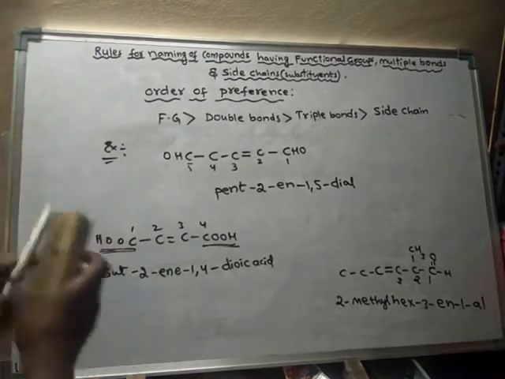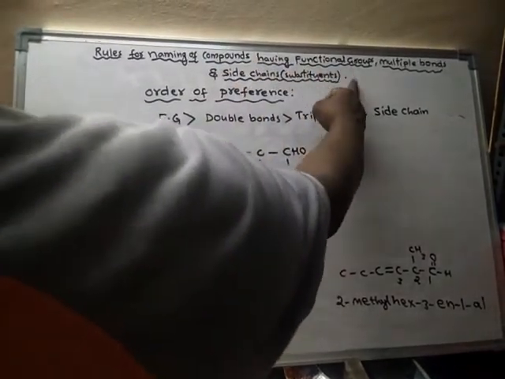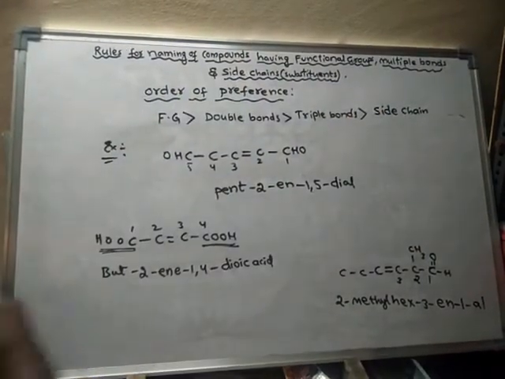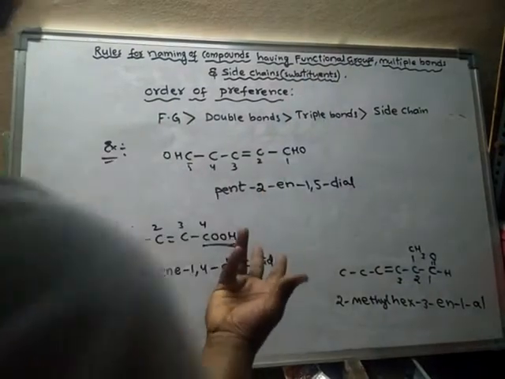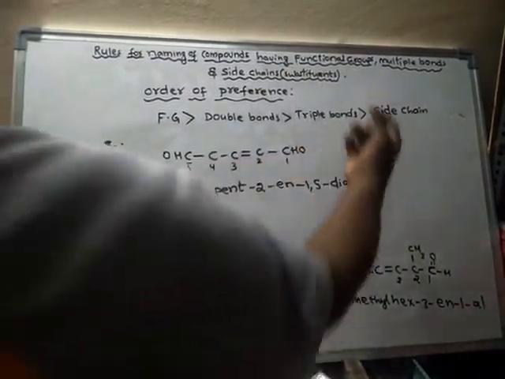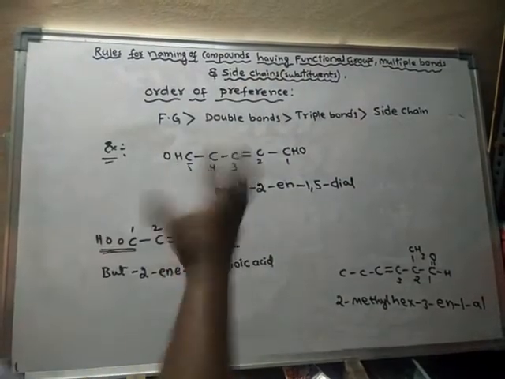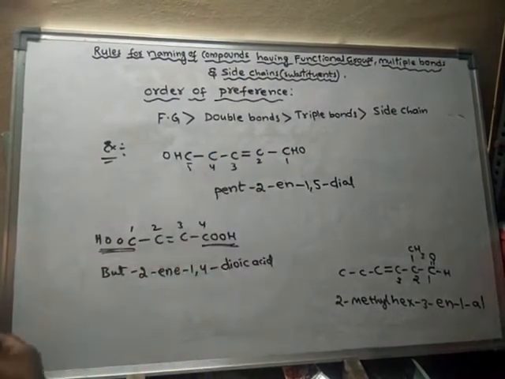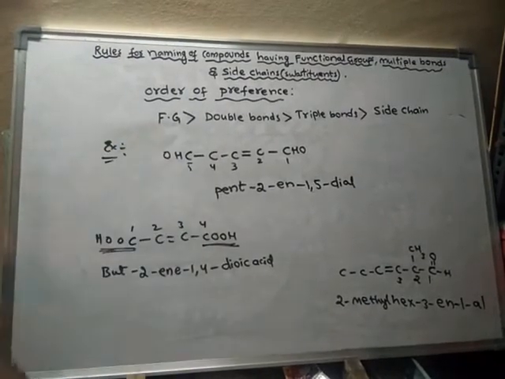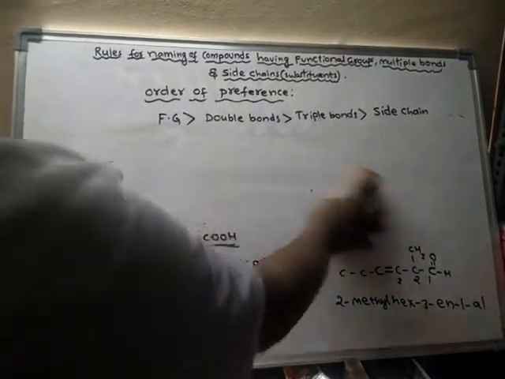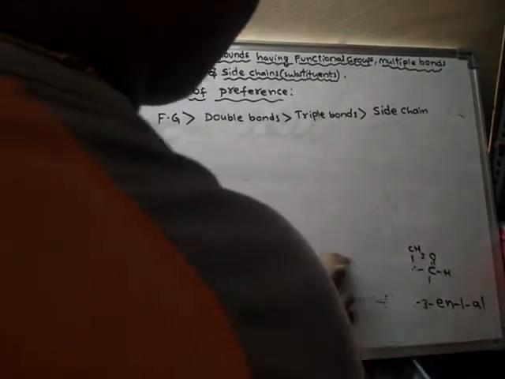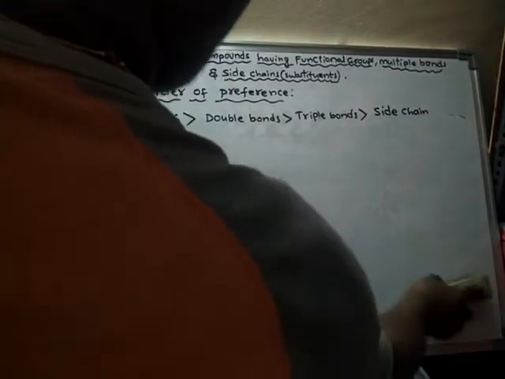Whenever compounds have functional groups, multiple bonds and side chains, sometimes functional groups and multiple bonds, or sometimes functional groups and side chains, or sometimes multiple bonds and side chains, whatever the combination may be, we have to follow this order of preference. Functional groups should always be given first preference, and they should be given the lowest possible numbering.